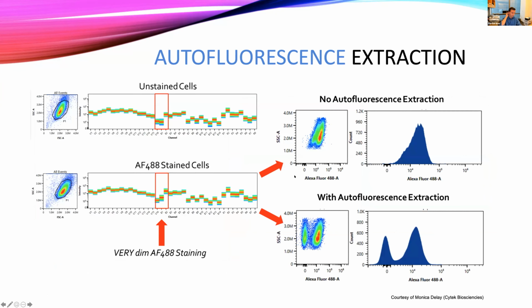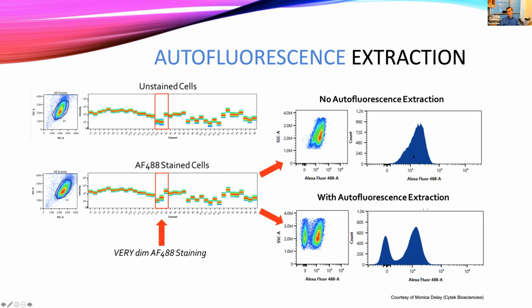And if we go to an example using the Aurora, this is just one of the cases where I believe this was an experiment with primary cells, where usually cells end up having a very high autofluorescence. Without autofluorescence extraction, we're adding the autofluorescence in this channel, so it's Alexa Fluor 488 plus autofluorescence.